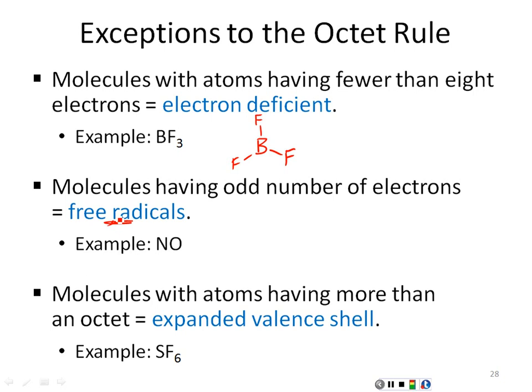And the final example, which phosphite was an example of, would be a molecule that has more than an octet. An example we give here would be sulfur hexafluoride. And this is where the sulfur actually has an expanded valence shell.